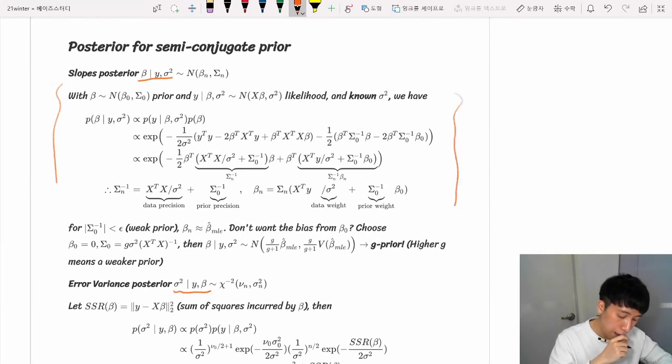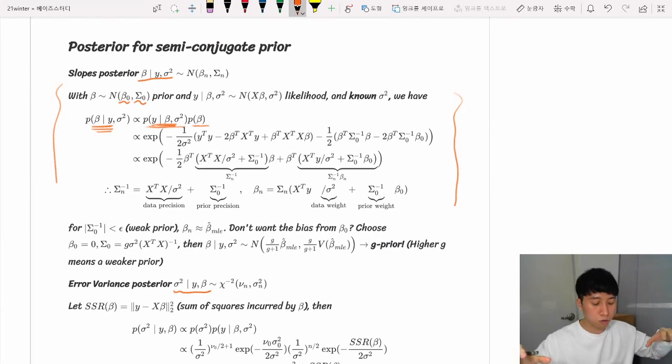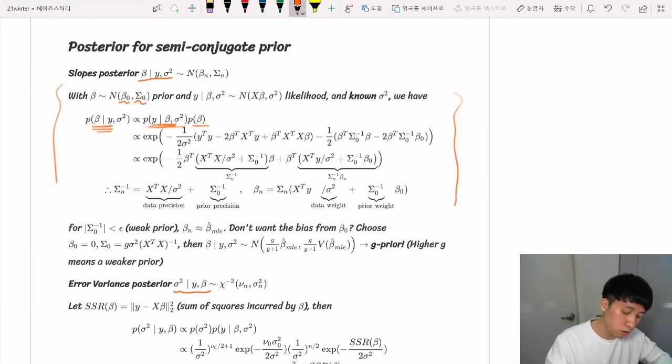So first of all, the posterior is proportional to the likelihood times the prior, right? And since this likelihood is a normal regression likelihood, which is a linear regression likelihood, and this prior for beta is also normal with beta 0 and sigma 0, we can combine these two densities inside the exponential term and disregard all the unnecessary constant parts, which include the sigma squared or sigma 0, right?